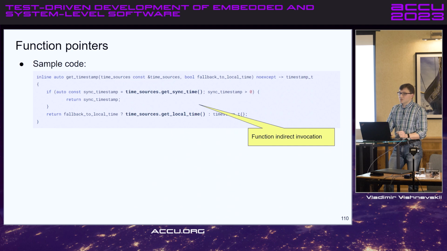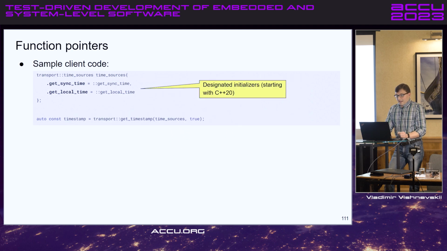The sample code that uses this will just invoke indirectly. C++20 designated initializers are very nice, really. They were in C for a while and are now available in C++. The idea is that we just assign some function pointers to those pointers that we inject, either as an aggregate as a time source, or as an individual pointer if we need.